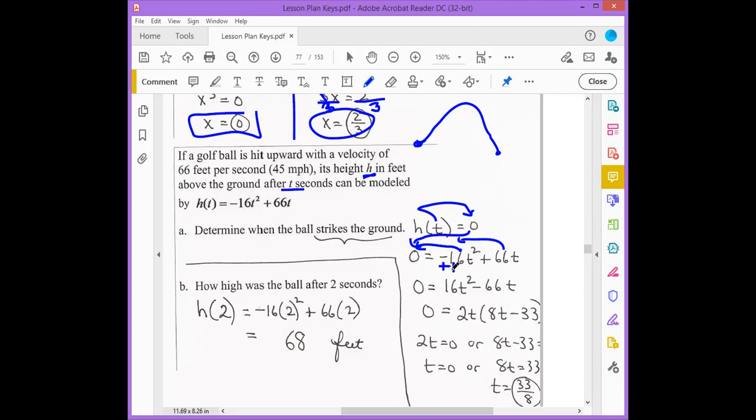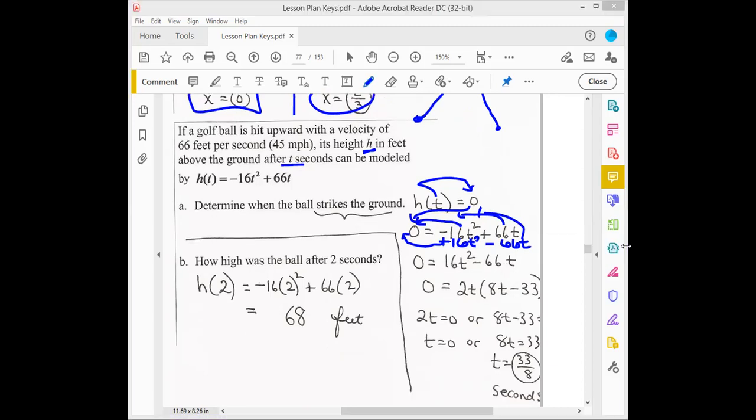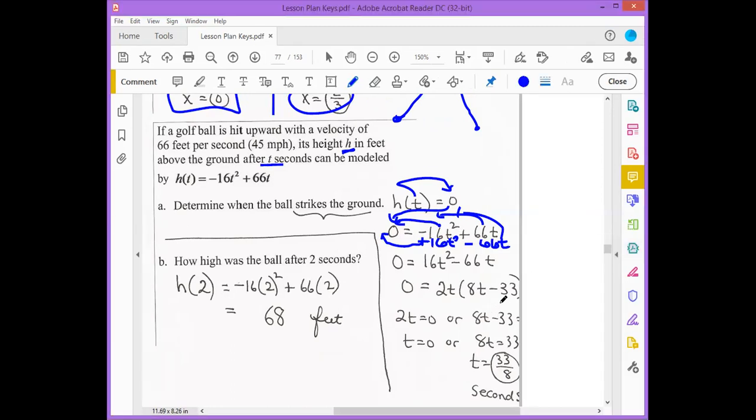So the very first thing we do is add 16t squared to both sides of the equation and subtract 66t from both sides of the equation. Now when we do that, the 16t squared is moved to the left, so we have 16t squared, and then that negative 66t is moved to the opposite side. From there, we're going to find our GCF. We need to find the greatest common factor that we can factor from both of these terms.